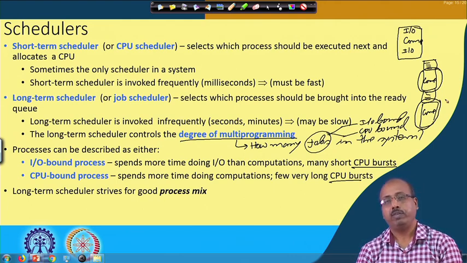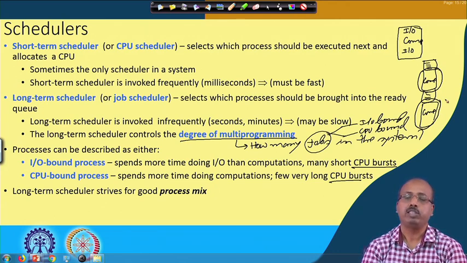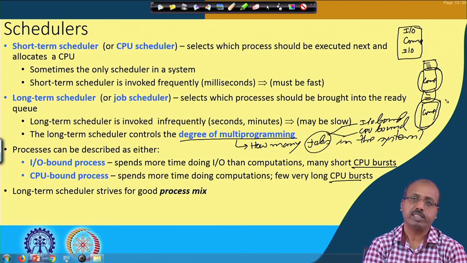Whenever the CPU is given to the process, if you start a timer to see how much CPU time it uses before going for the IO burst, that may be a measure of the CPU burst. For compute bound jobs, you will find that the CPU bursts are large compared to IO bound jobs.